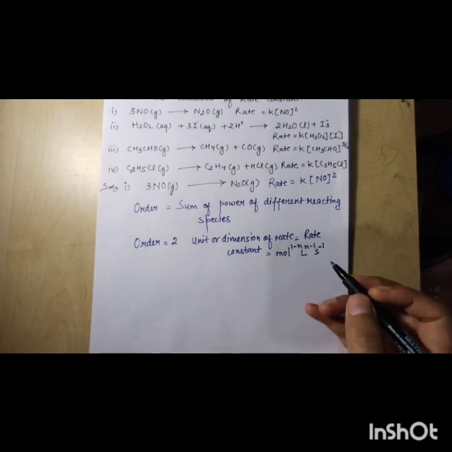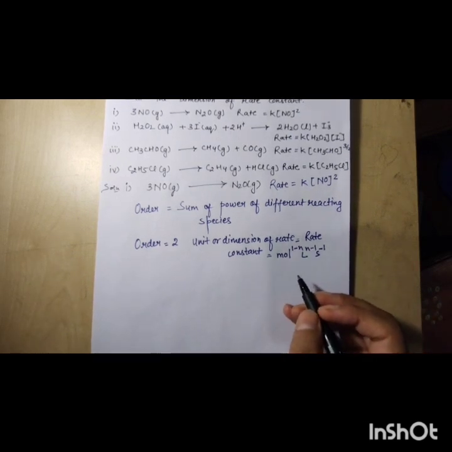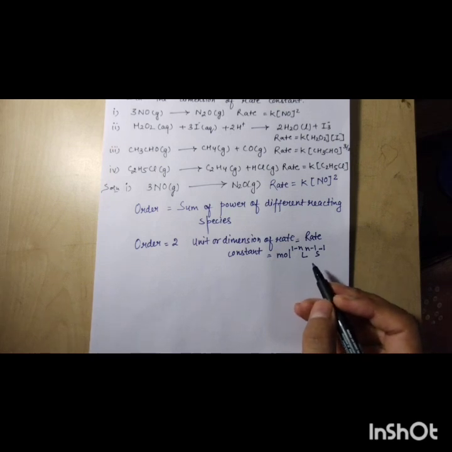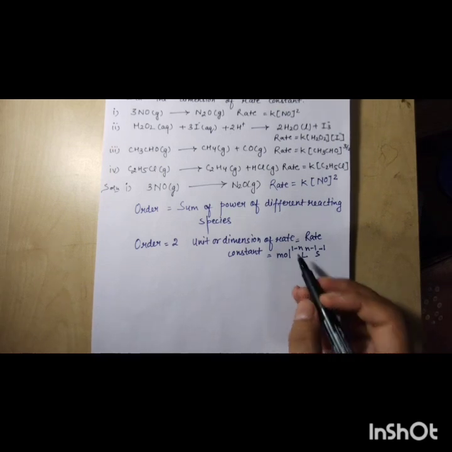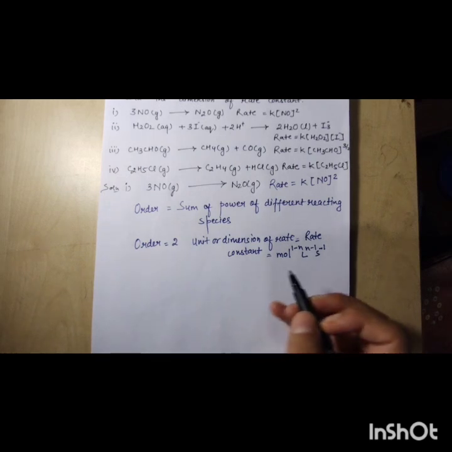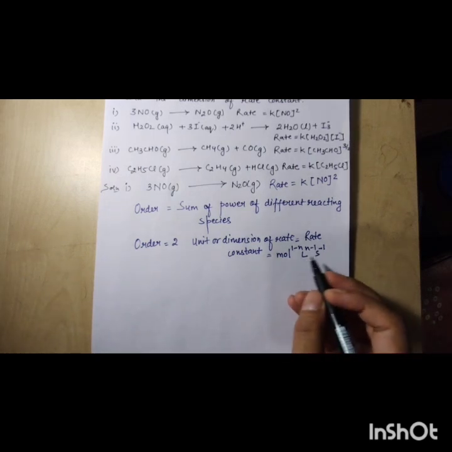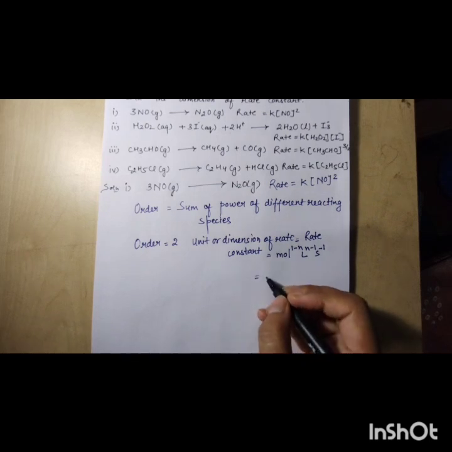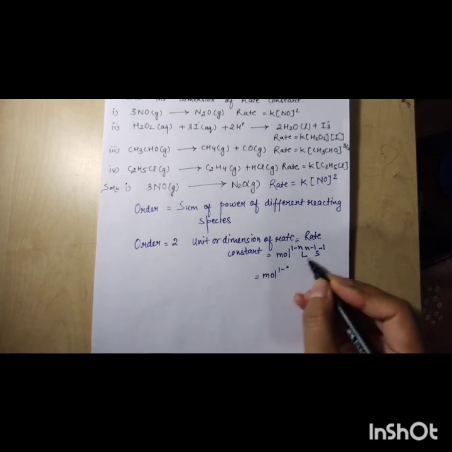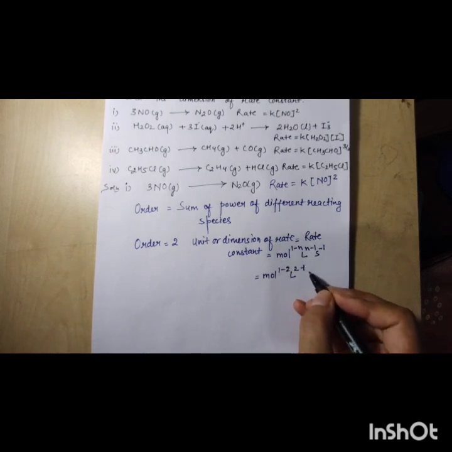If you do not know about this concept, do see my video of chemical kinetics one shot. So here we take n as order. So we know that order is 2. Now we will put it in this formula: mole^(1-2), where n is order, L^(2-1) per second.